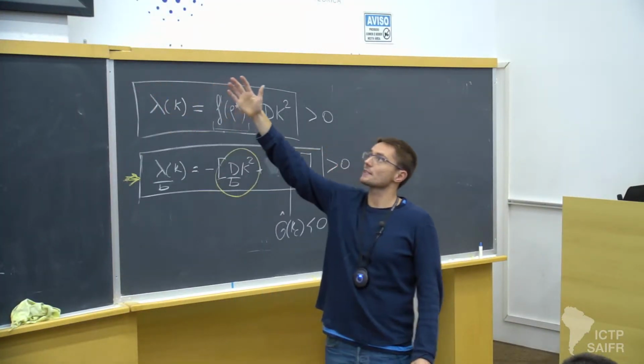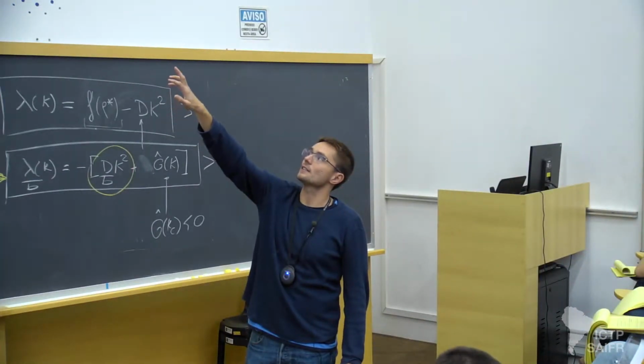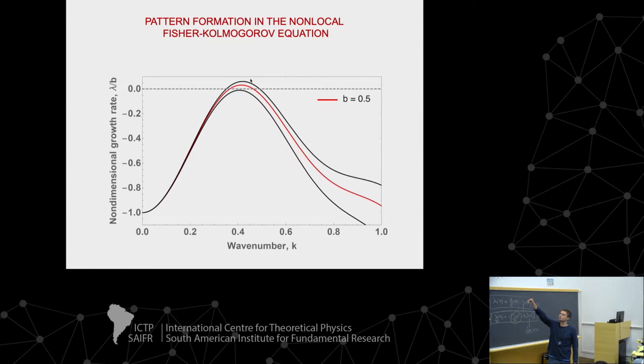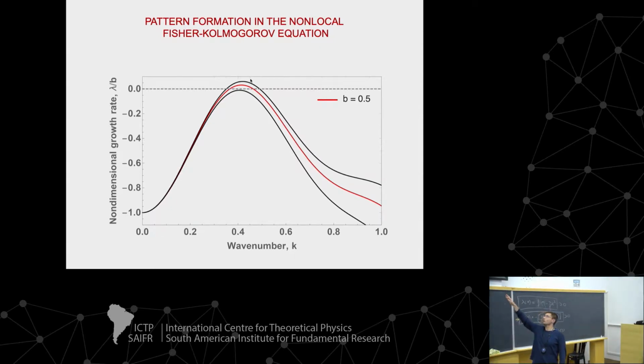When b is 0.4, that's the black line, the one in the bottom, and lambda is negative for every single k. I never cross the 0 line. As I increase b, at some point, I do have some wave numbers that become unstable, and I can have, in principle, according to our analysis, patterns, right? And then as they increase, they go.